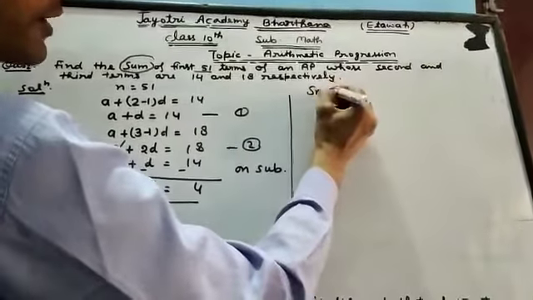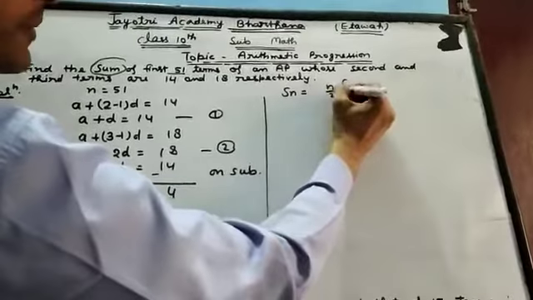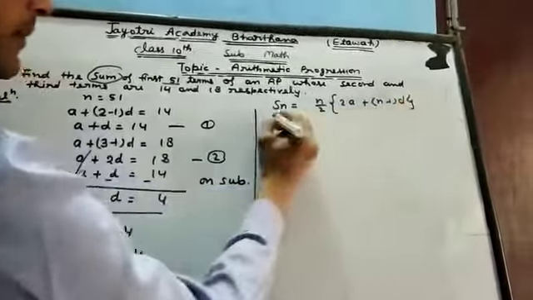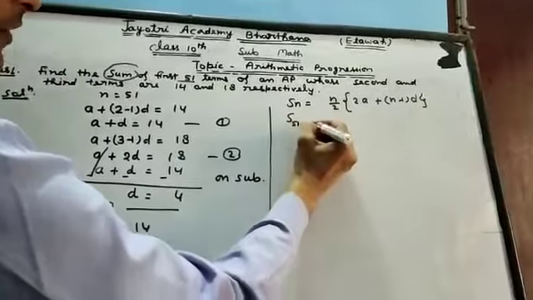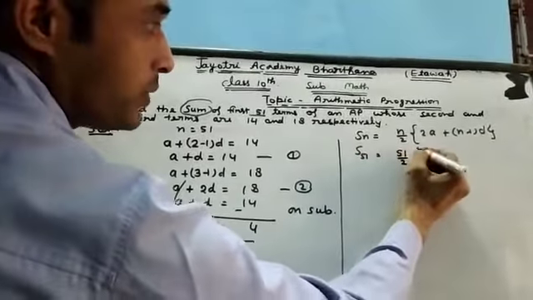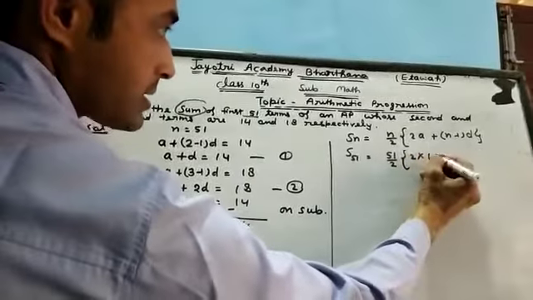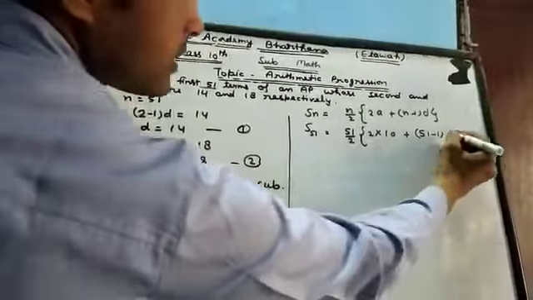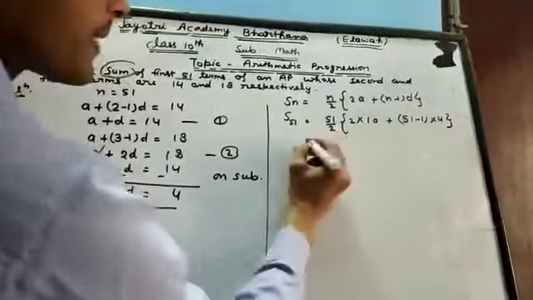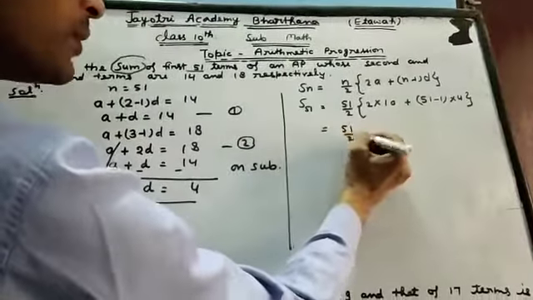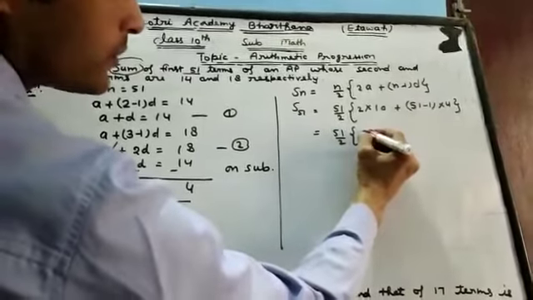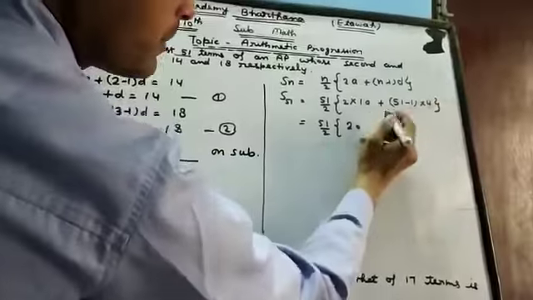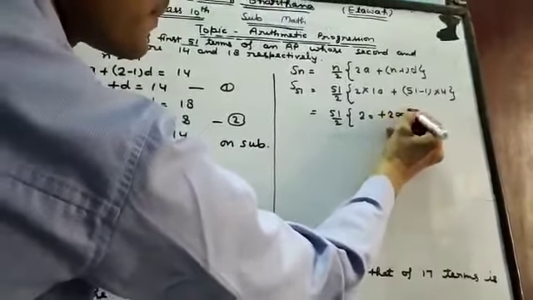So use formula Sn equal to n by 2, 2a plus n minus 1 into D. So in place of n put 51. So 51 upon 2, A is 10, 51 minus 1, and D is 4. 51 upon 2, 2 tens are 20, 51 minus 1 is 50, multiplied by 4 is 200.